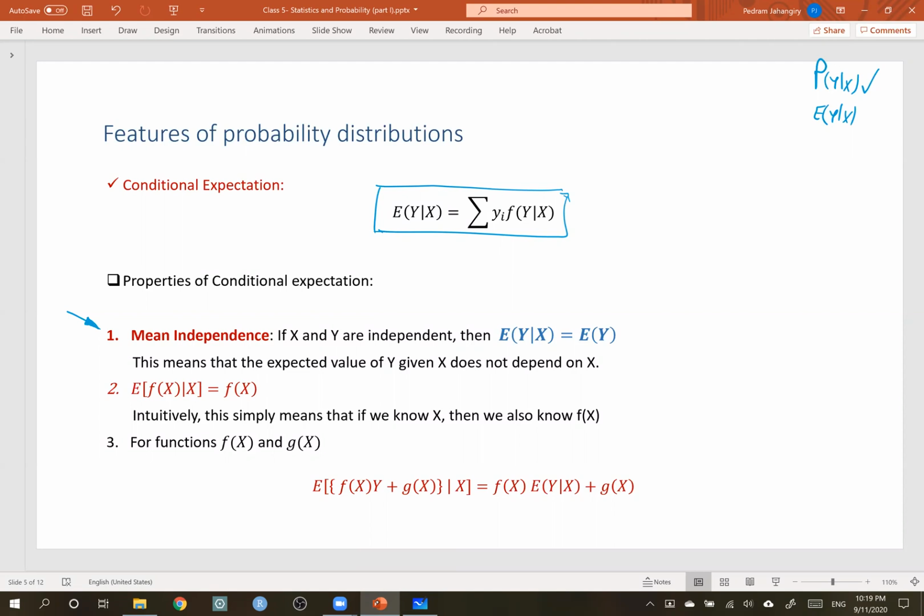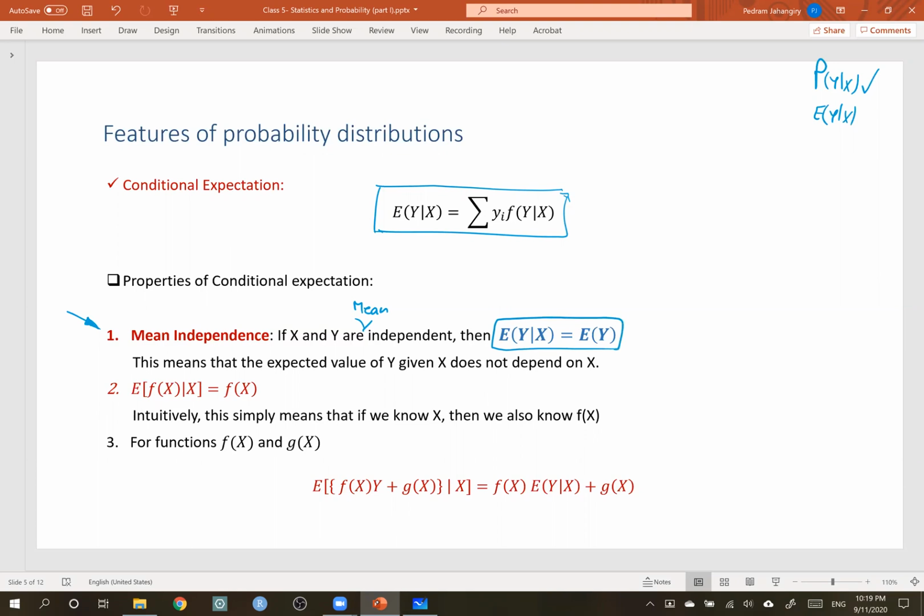But I want you to realize what the definition of mean independence is. We say, if x and y are independent, then expected value of y, and this should be mean independent. Sorry, my apologies. For mean independence, the expected value of y given x is exactly equal to the expected value of y.